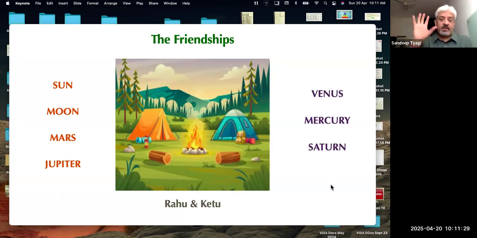Now that's the 7 big guys taken care of. We are still left with Rahu, Ketu. Rahu, Ketu are not physical planets. They are just points where the eclipses happen. So the points in the zodiac where the eclipse happens are really what are termed as the points of Rahu and Ketu.